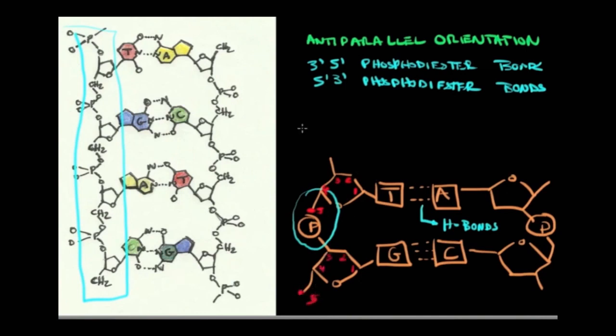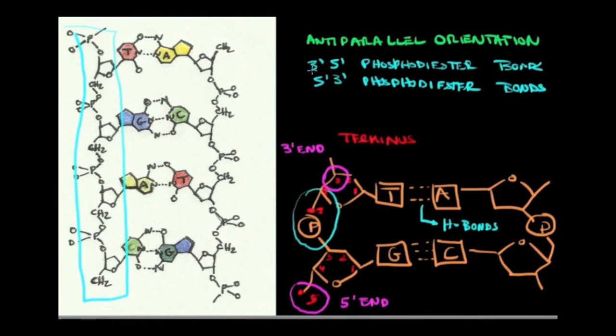Okay? This is what I mean: at this end, or this terminus, of this side of the ladder, I find a 3', or carbon in the 3rd position. So I call it the 3' end. And here, at the end of it, I find a carbon in the 5th position. So I call it the 5' end.